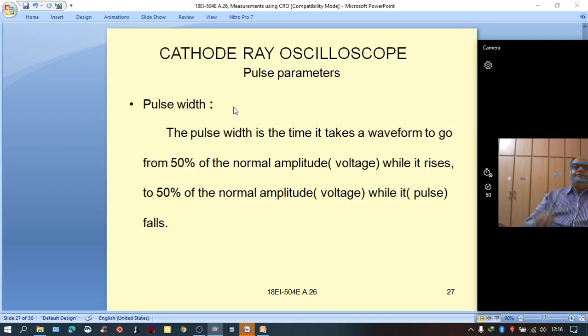Pulse width. The pulse width is the time taken by the pulse to change from 50% of the normal amplitude while rising to 50% of the normal amplitude while falling.